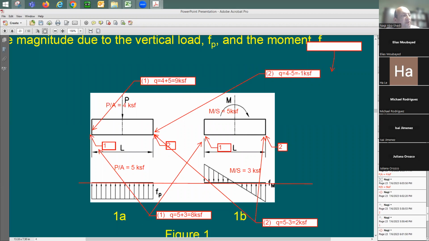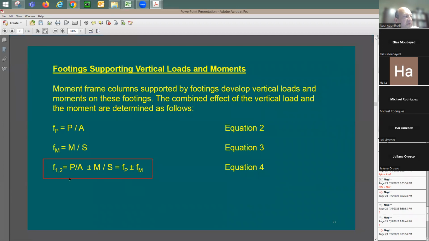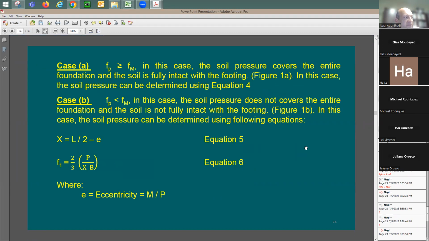So this is going to be an issue, because if I have lots of moment in the footing, I can't just apply this equation. This equation is good as long as P over A is greater than M over S. So what can I do in a case like this? The only way is to develop a new set of equations. I have two cases.